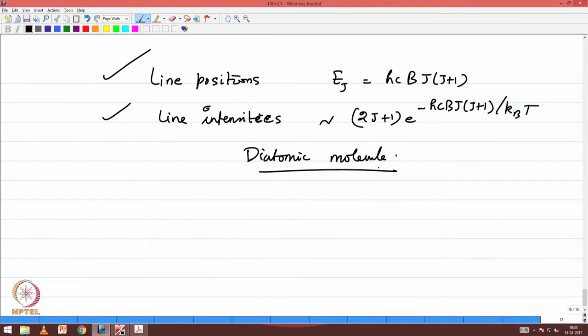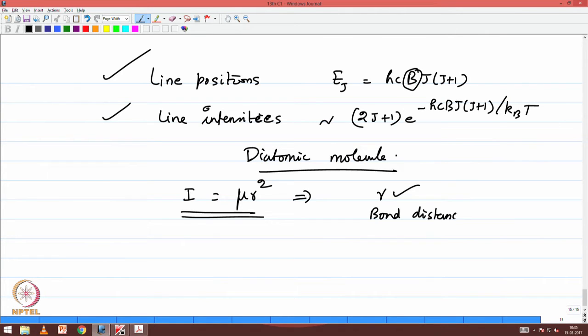In summary, the moment of inertia I, which is given as mu r squared, is the one with which, and with the knowledge of B, we can calculate r, the bond distance. Therefore, it is a very accurate technique for calculating the bond distance to very precise values.